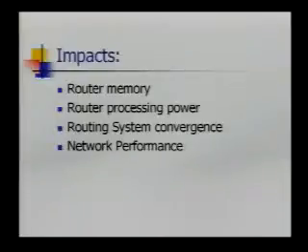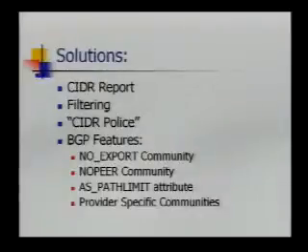If you look at the impact of BGP updates on your router CPUs, it's noticeable. Routing system convergence is also affected: router memory problems and lack of processing power all impact convergence. People want the internet to be always available, always working, and if your network's not converged, then it's not working perfectly for your customers. And of course, there's network performance.